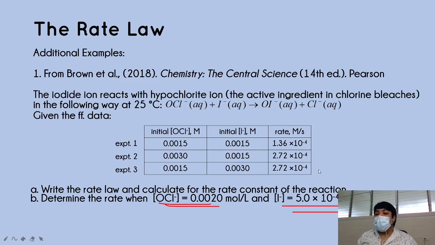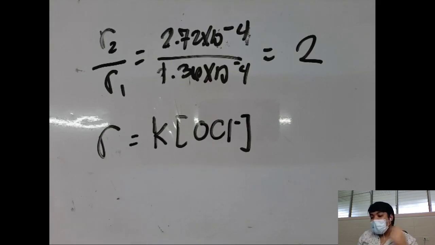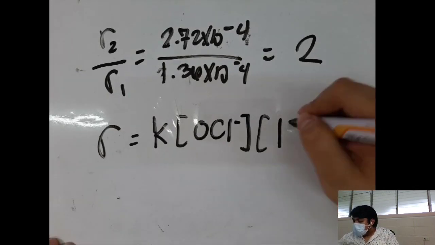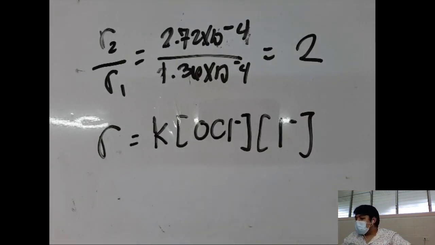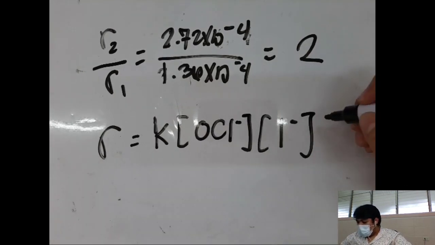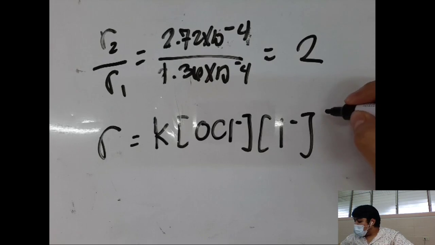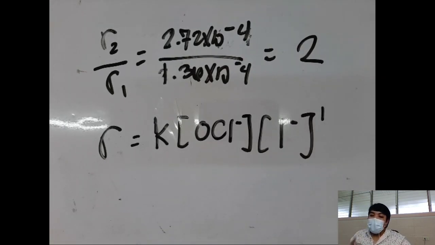Now the rate also doubled by the same factor that we have shown previously. Thus, iodide will also affect the rate of the reaction, since increasing the iodide concentration increases the rate of the reaction by the same magnitude. Therefore, the order of the reaction is first order in iodide.